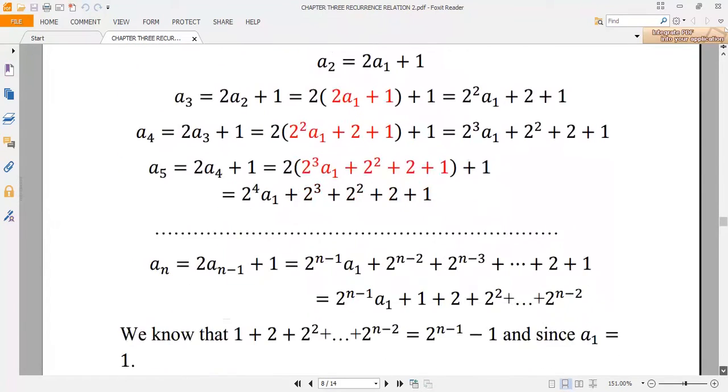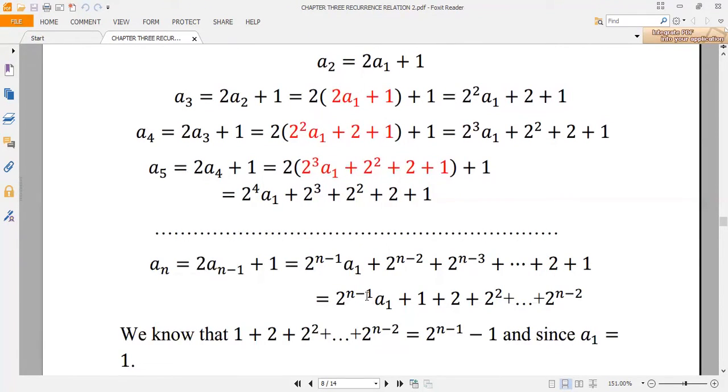So the nth term, an, will be 2 to the power of n minus 1, a1 plus 2 to the power of n minus 2 plus 2 to the power of n minus 3 plus ... plus 2 plus 1.